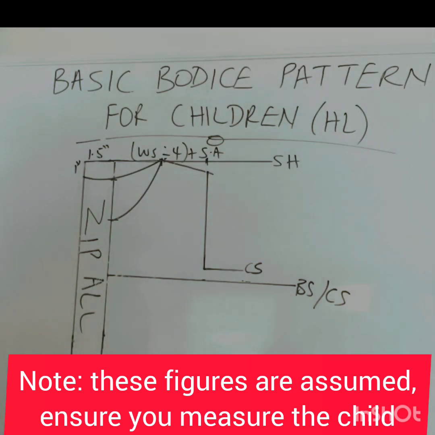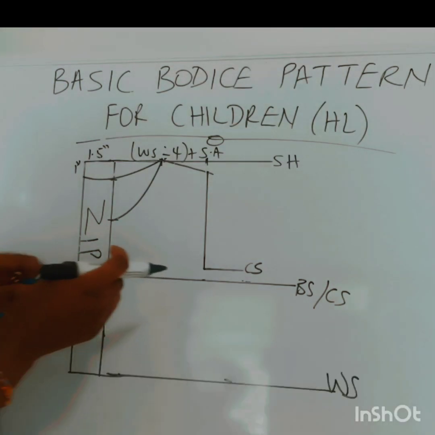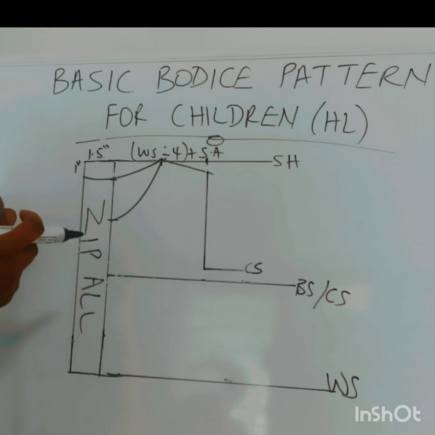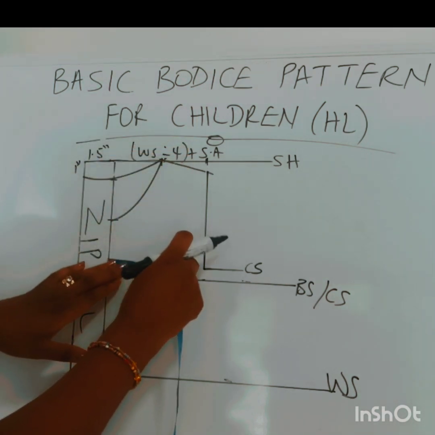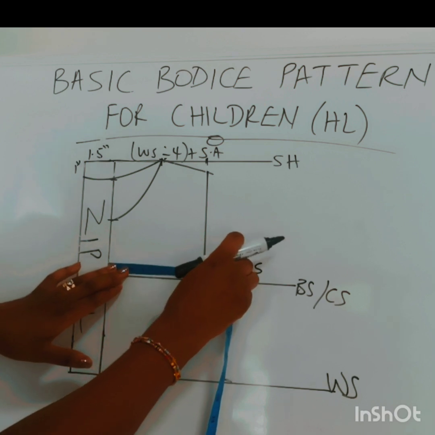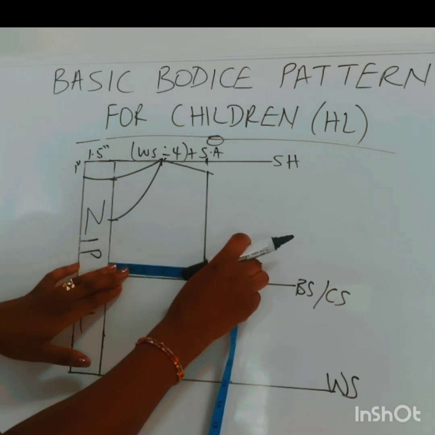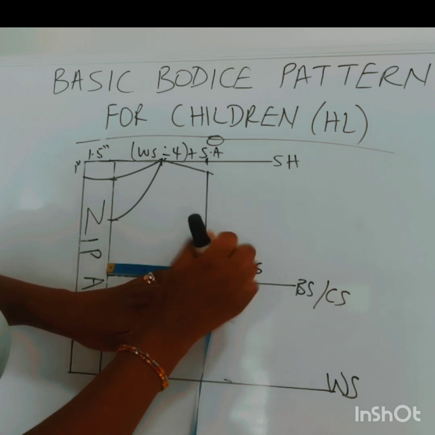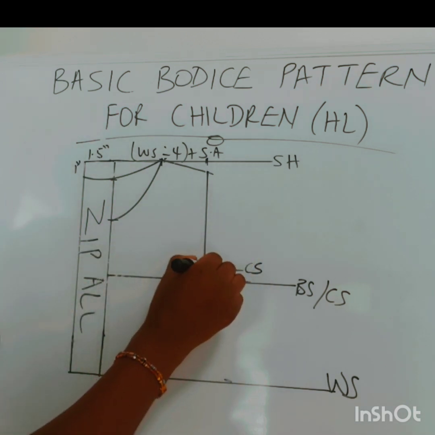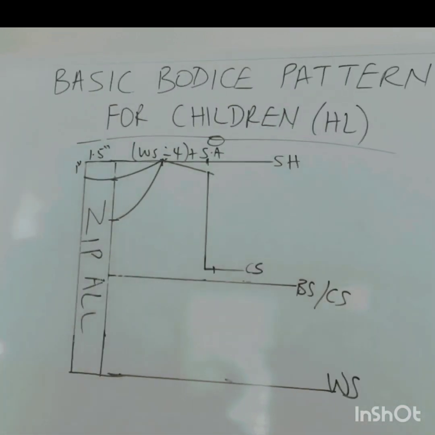That will give us 5.2. Okay. Remember, we did not add any seam allowance to this. So you can mark your 5.2. So I'll just use 5.5. That's where the armhole length will stop.